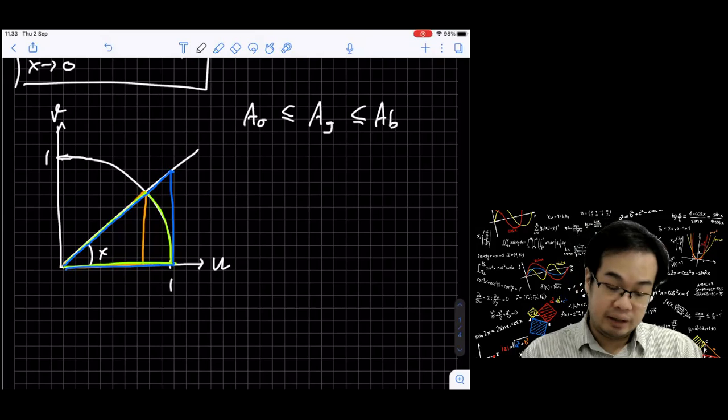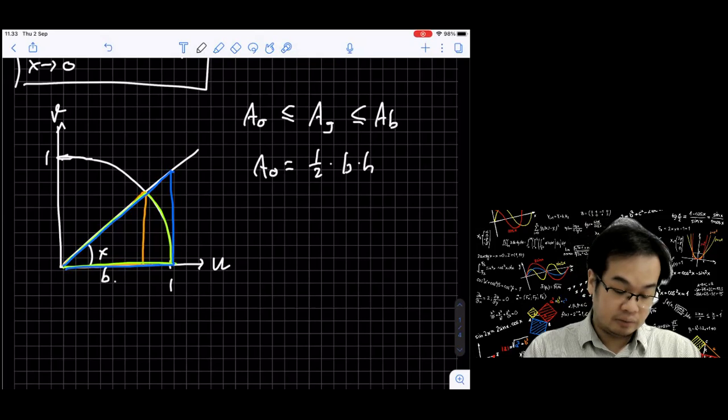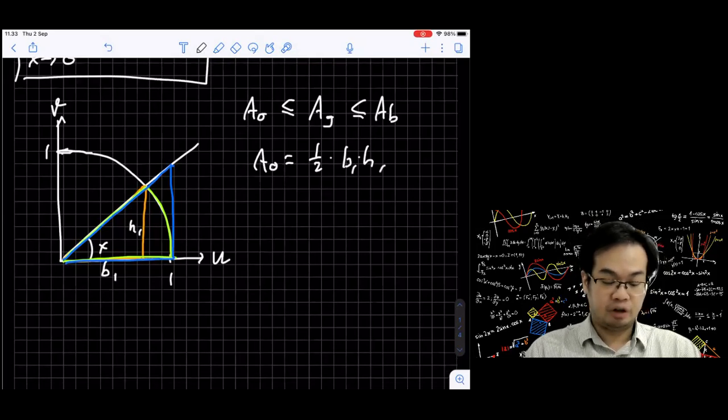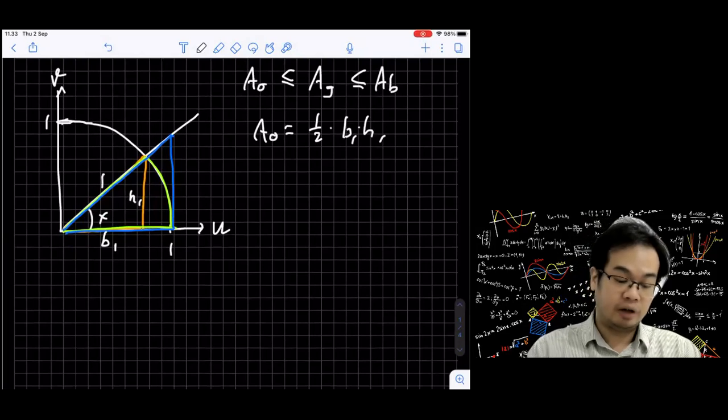Okay. Now let's determine the areas first. The area of the orange one is a triangle, which is half times base times height, right? So let's say this is the base b1 and this is the height h1. If we use a trigonometric function, we know that the hypotenuse is 1.